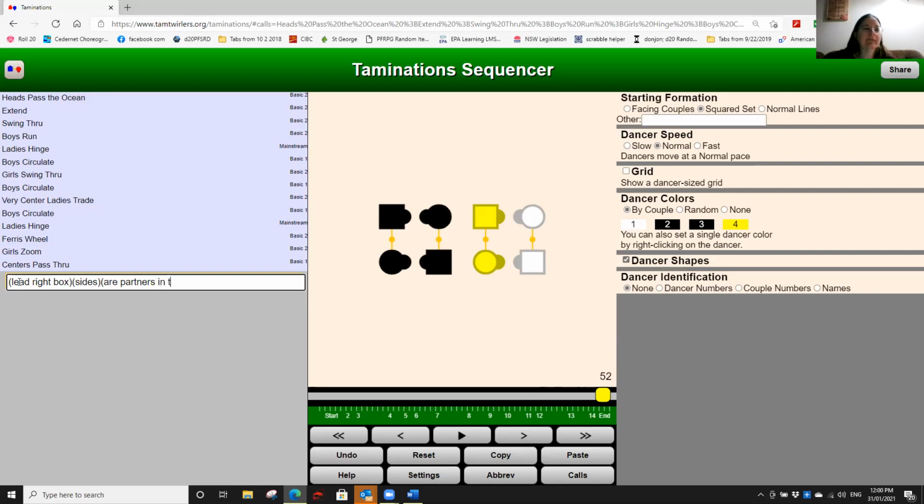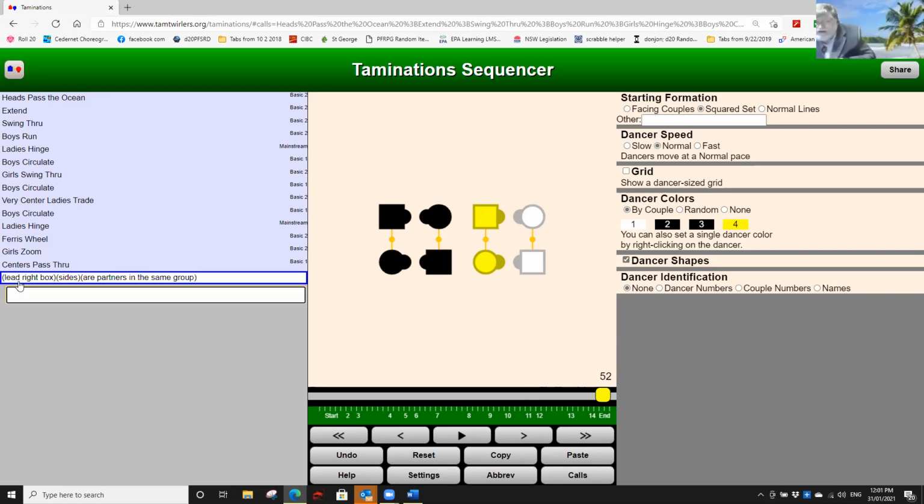So partner box. Why? So it's a partner box because the partners are next to each other. Well, not necessarily that. The partner is in the same box. That's what you want to think of it as. Everybody in the box has their partner in the box.